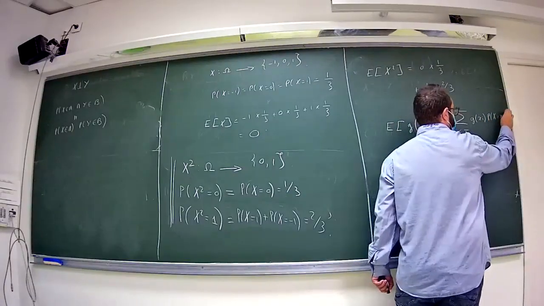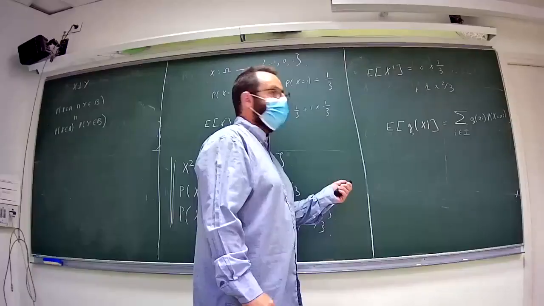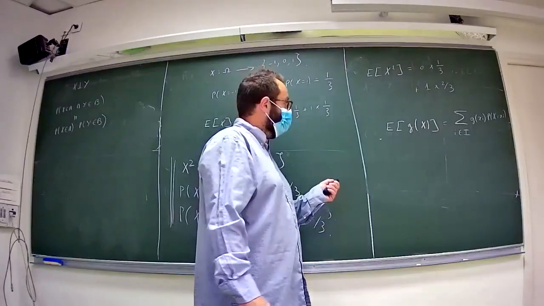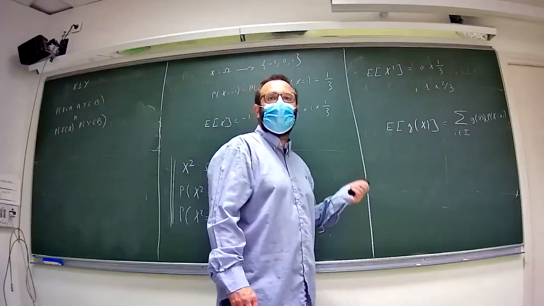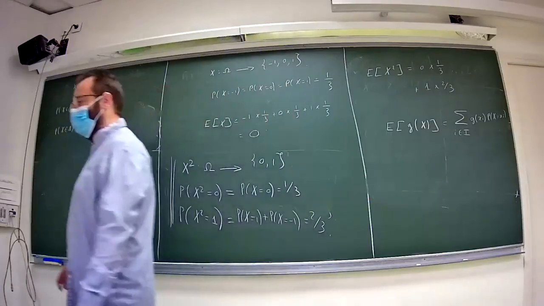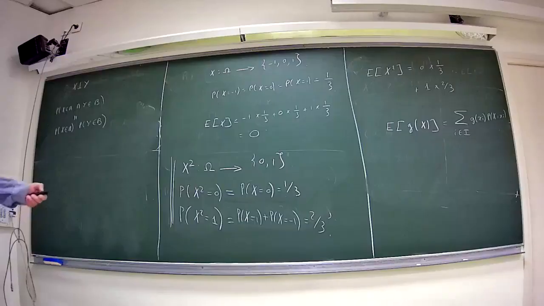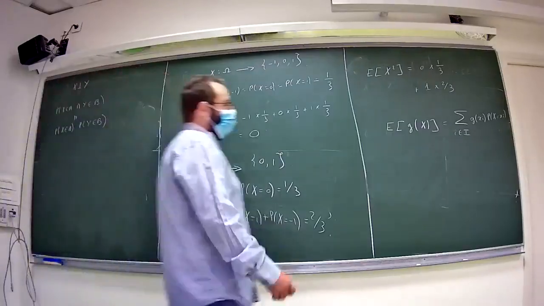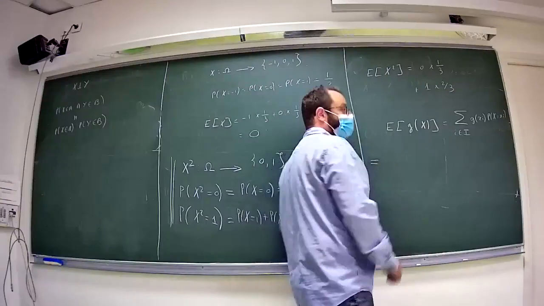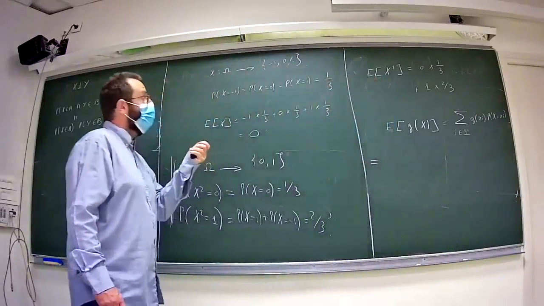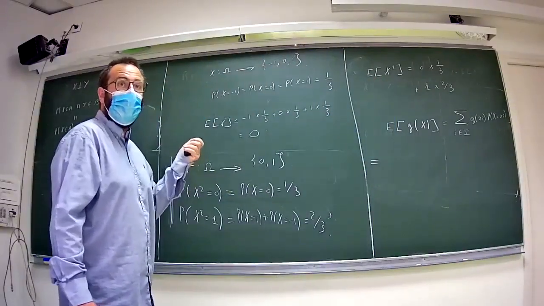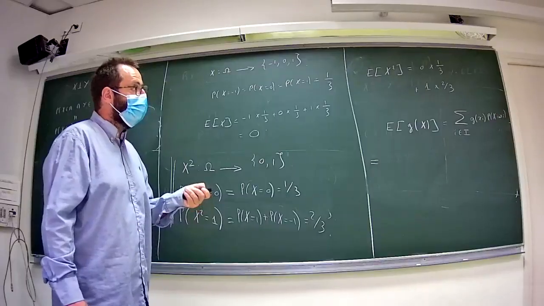In particular, if I take for g the identity function, I obtain that the expectation of X is equal to the sum of the x_i multiplied by the probability that X is equal to x_i. So I recover the definition. If I use this formula to compute the expectation of X squared in the preceding situation, I have to sum the squares of the possible values for capital X multiplied by the probability that X is equal to x_i.